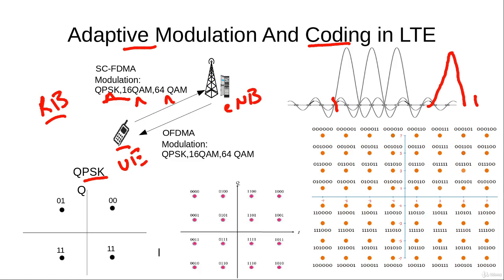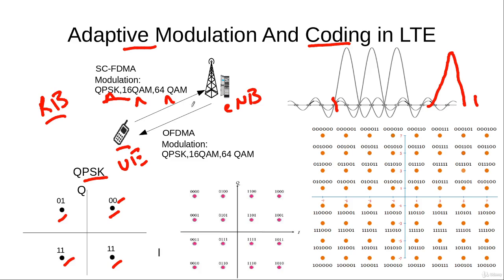So the user equipment would use the QPSK modulation, and in the QPSK modulation there are 4 samples and there are 2 bits per sample. So here the user equipment would be sending 2 bits per sample.